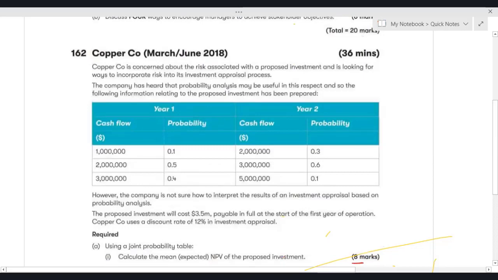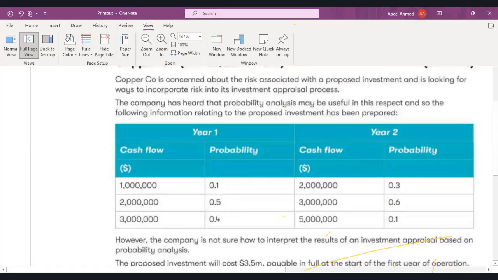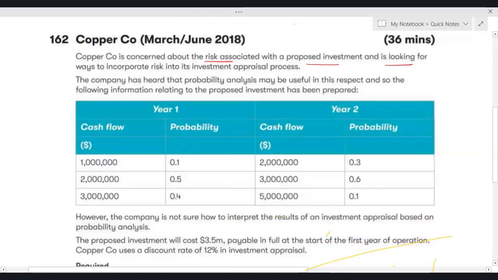Let's read. Copper company is concerned about the risk associated with the proposed investment and is looking for ways to incorporate risk into its investment appraisal process.